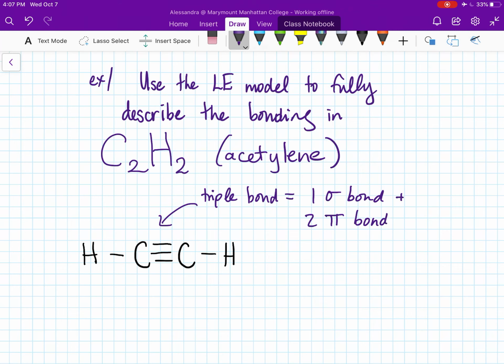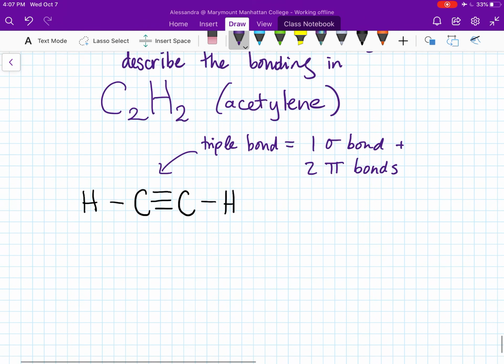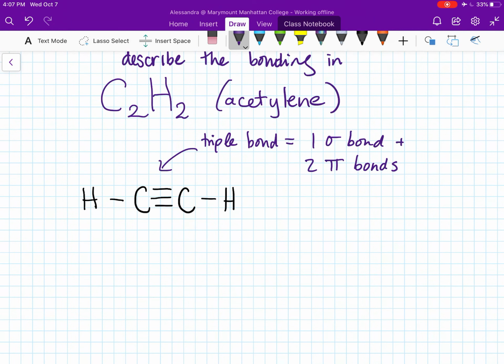A triple bond, by definition, is going to be composed of 1 sigma bond plus 2 pi bonds. So let's try to figure out, using everything we know from this chapter, what kind of orbitals and orbital overlaps give rise to those sigma and pi bonds. We need to look at both carbons and count their substituent number. They're in identical bonding environments, so both of them have a substituent number of 2 because they have 2 bonds each.